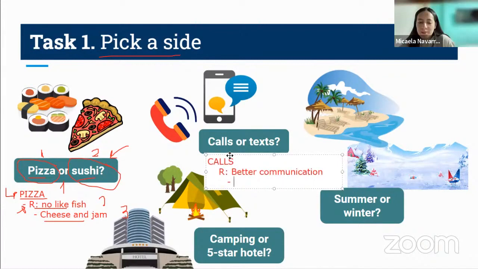What, teacher? Can you repeat, please? Maybe could you tell me about a time where you texted somebody and the communication wasn't that clear or wasn't that easy? Or maybe a time when you called somebody directly and the communication was really good? So I can give you an example. Exactly. Can you give me an example?